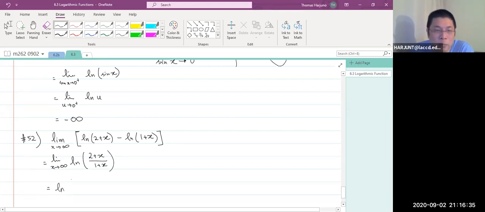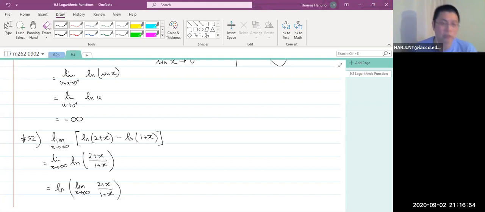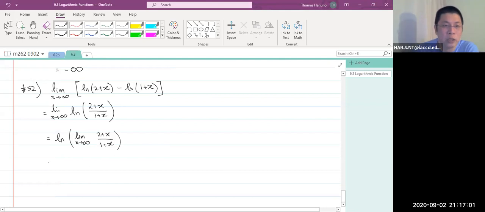I will move the ln out of the limit as x goes to infinity of (2 plus x) over (1 plus x). Actually, you don't need to do that, but the following is the key step. You cannot plug in x right away. Thomas, can I use L'Hopital's rule? No, you cannot because we have not learned it. Don't use L'Hopital's rule.